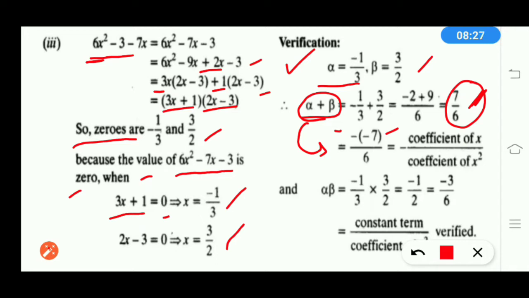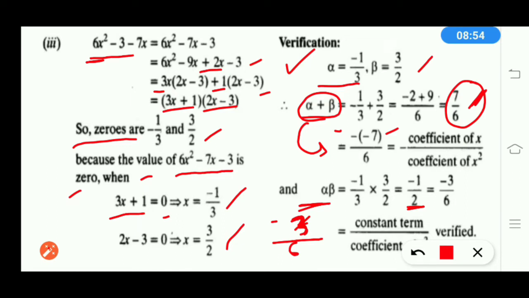So verified. Next, alpha into beta. So minus 1 by 3 into 3 by 2, that means minus 1 by 2. Okay, minus 1 by 2, and here the constant term, that means minus 3, divided by the coefficient of x square, so 6.